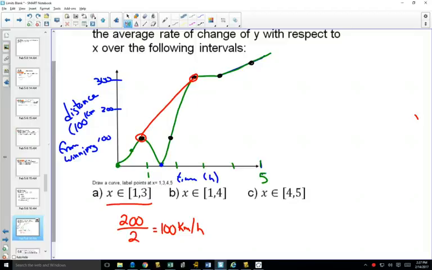That wouldn't have been bad. You probably wouldn't have had this stretch of time in here where you didn't go anywhere, had you just been traveling 100 kilometers an hour.